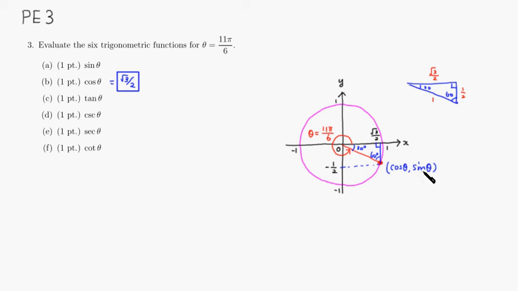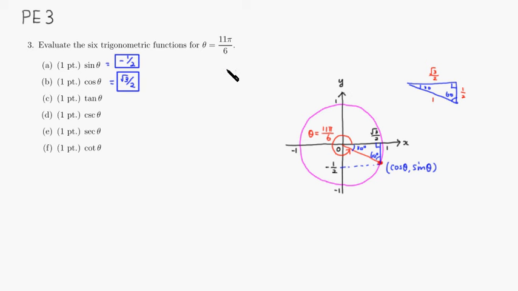And the sine of theta is the y-coordinate, which is -1/2. Once you've done that, everything else kind of follows from there.